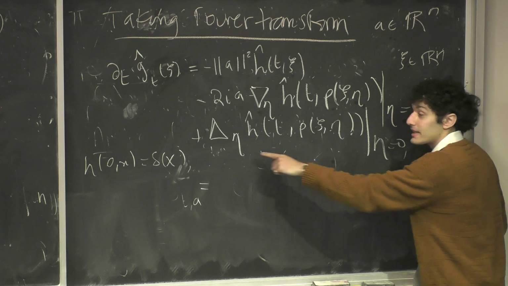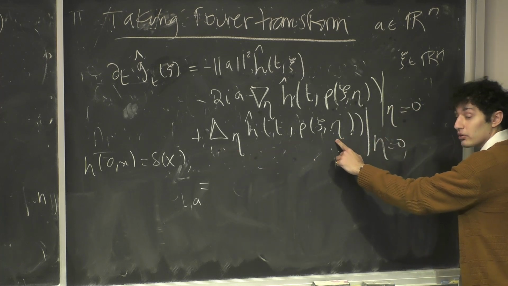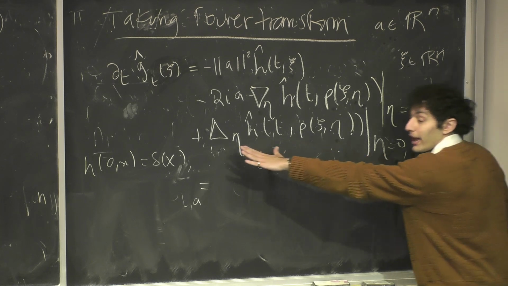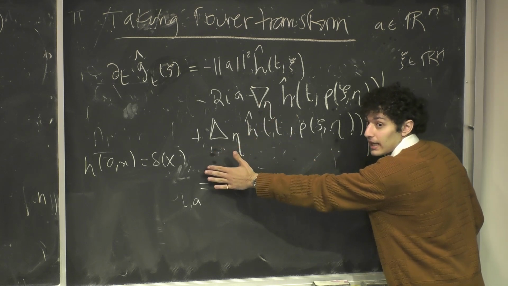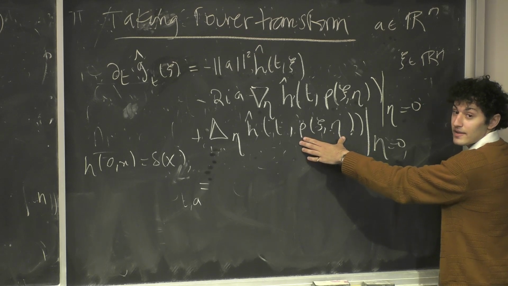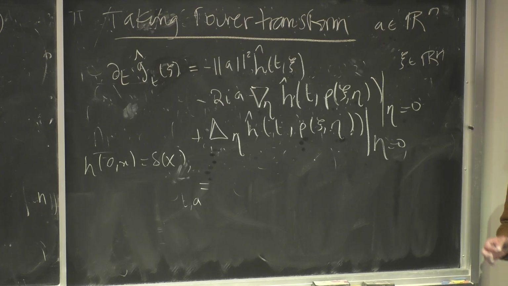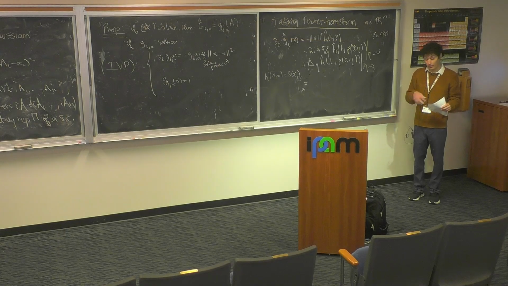And then the third term is the Laplacian in eta, again in the second component, evaluated at eta equals 0. And so if you carry out the chain rule with this gradient and Laplacian and bring out derivatives, you will end up in standard form with a second-order linear parabolic PDE with polynomial coefficients on R^n.